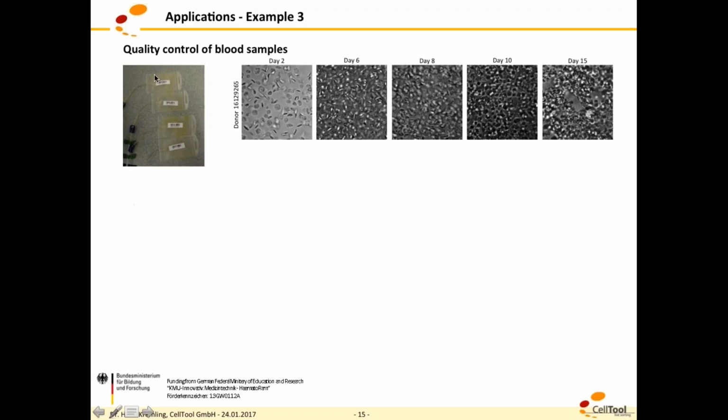We received them in such bags, and we analyzed them every day for a time course of 14 days. You can see here representative pictures of different days, and you can see very well that on day 2 the cells look like, let's say, normal thrombocytes. There are single cells, and the older they get, the more they agglomerate and lose their function.